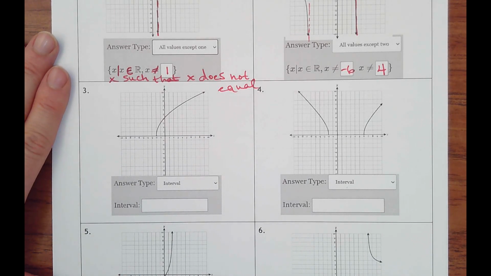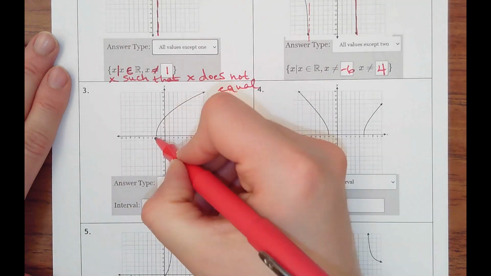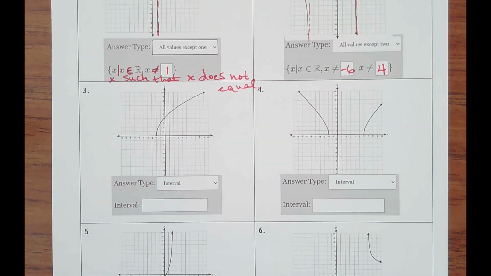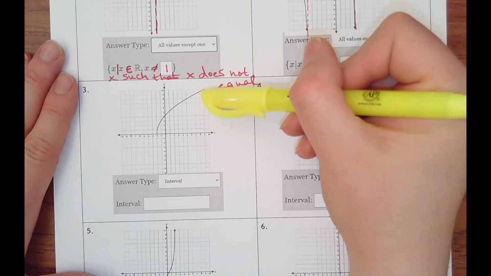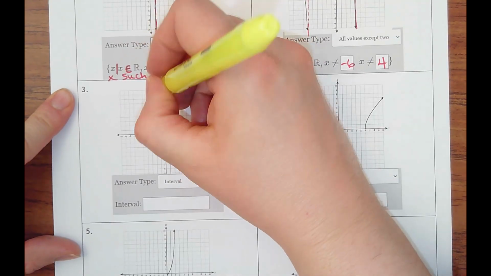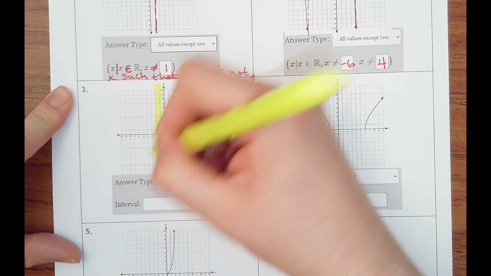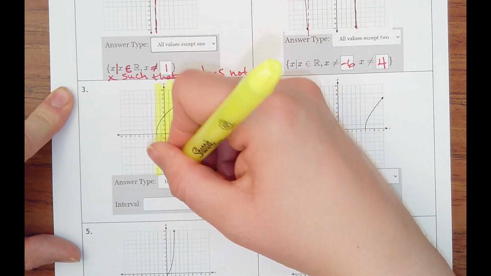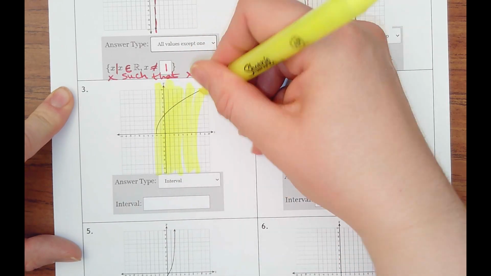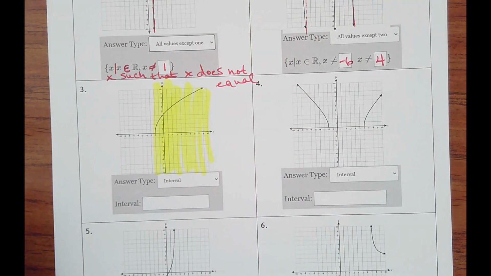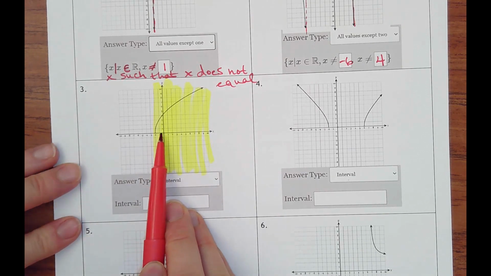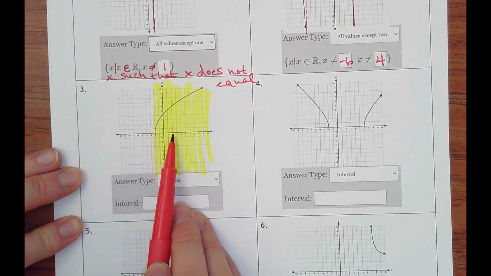Okay, number 3 is like a square root function where it kind of has a stopping point here. But I want to look at the x values. I see that x is everywhere here. Right? All of this contains my graph. So how do I say that x's are only -2, -1, 0, 1 forever and ever and ever?